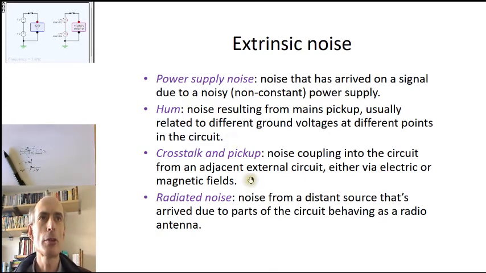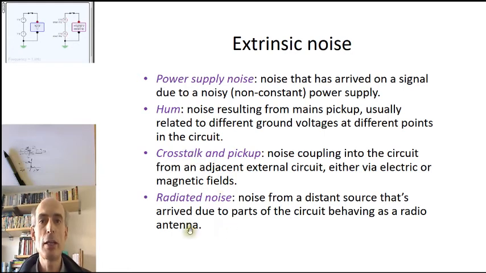There's crosstalk and pickup, that's noise coupling into the circuit from an adjacent external circuit, and that comes in via electric or magnetic fields. And finally, radiated noise, which comes in via electromagnetic waves from more distant sources. For example, radio waves, radars, that kind of thing.